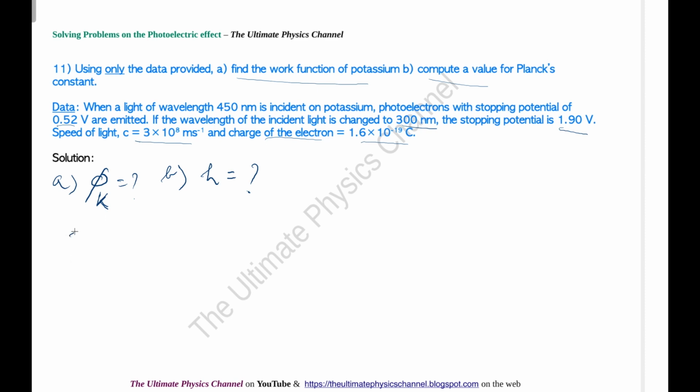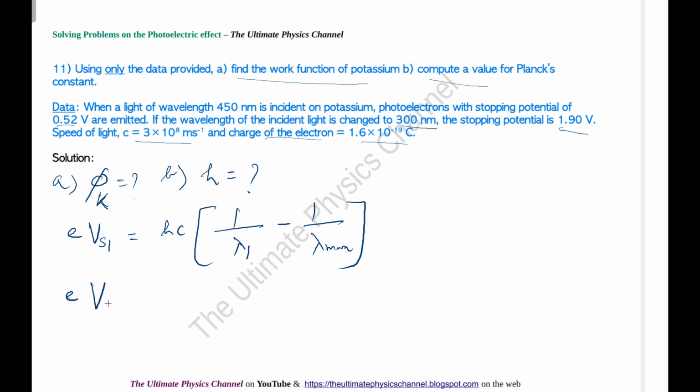We know that E times the stopping potential, let's call that Vs1 in the first case, is hc times 1 over lambda 1 minus 1 over lambda max, because we have two cases here. So I'm straight away writing it out. E Vs2 is equal to hc times 1 over lambda 2 in the second case, minus 1 over lambda max, which does not change for a given material.